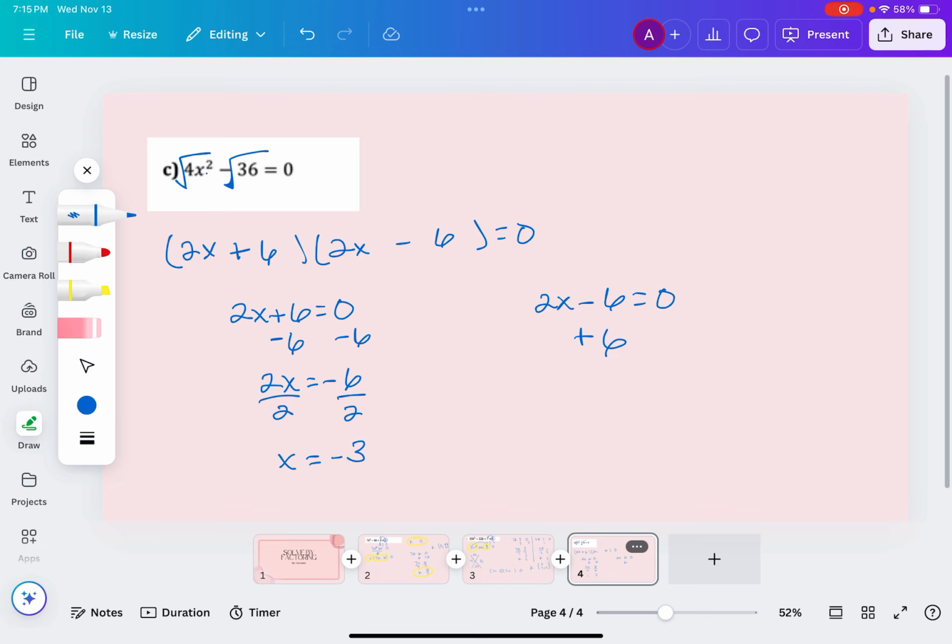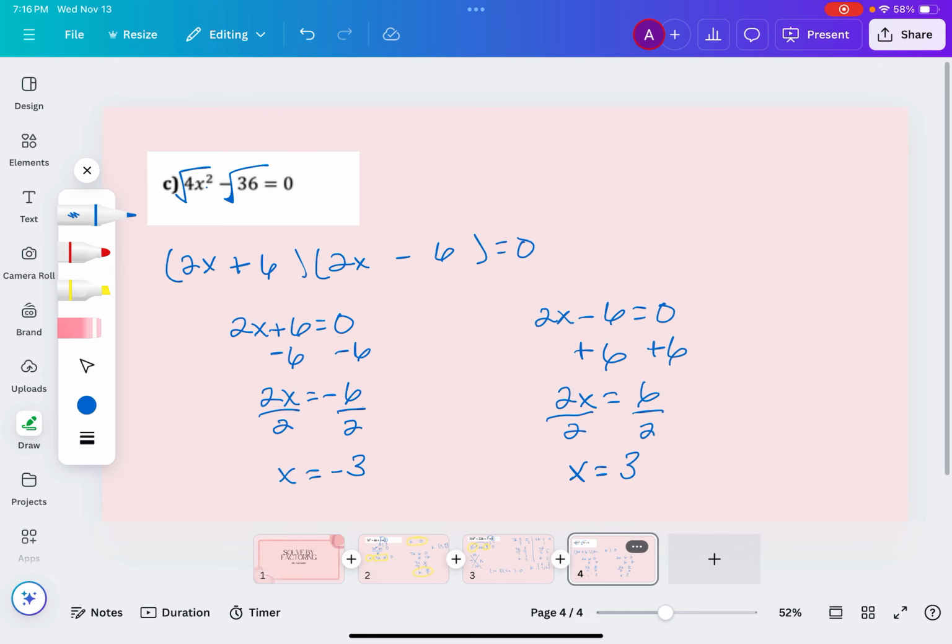Plus 6 on this one, plus 6. So x equals 3. So then my final answer, x equals squiggle. That was a terrible squiggle. Let's try again. So x equals negative 3 and 3. And that is my final answer.